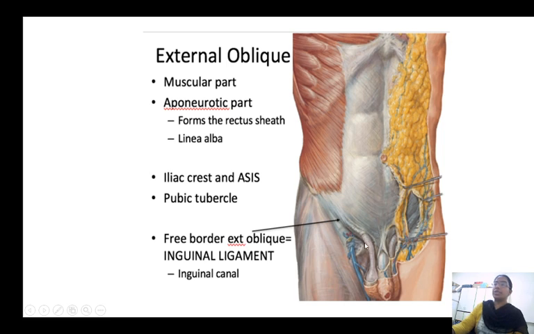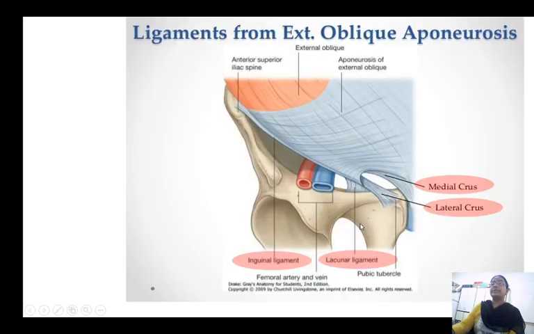So the lower fibers of the external oblique aponeurosis extend downwards, fold on themselves, thicken and form the inguinal ligament. This is about the lower fibers' insertion of the external oblique.